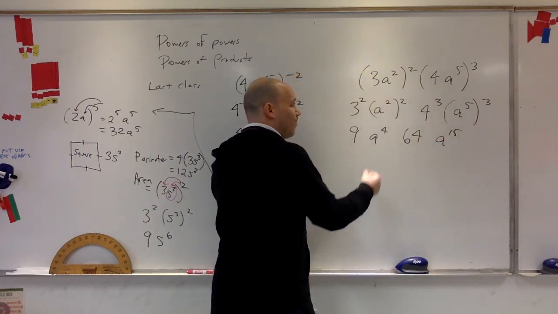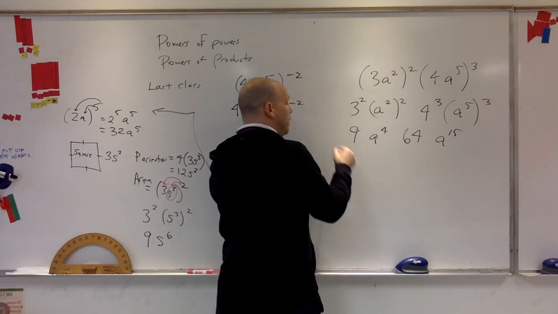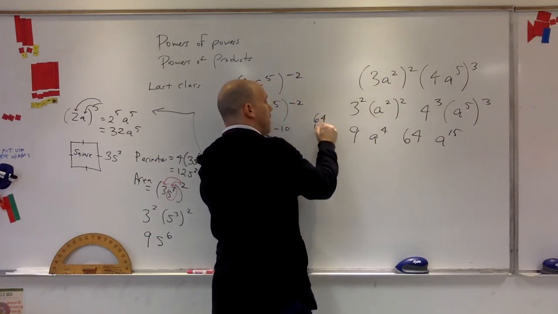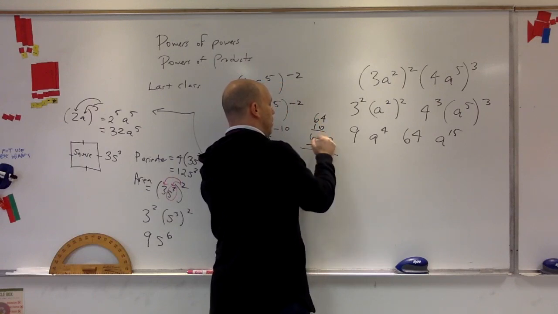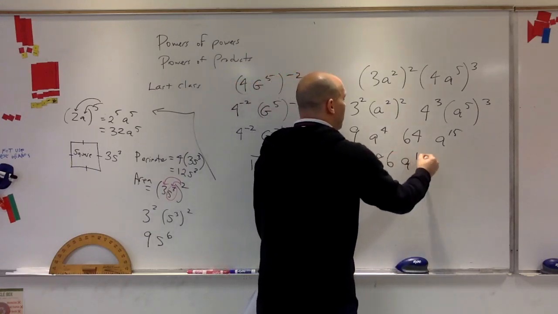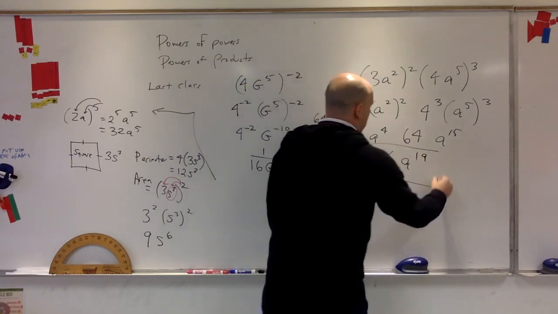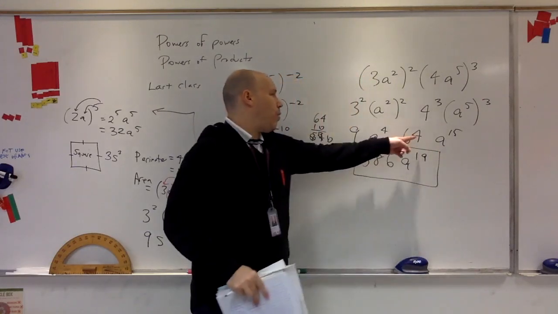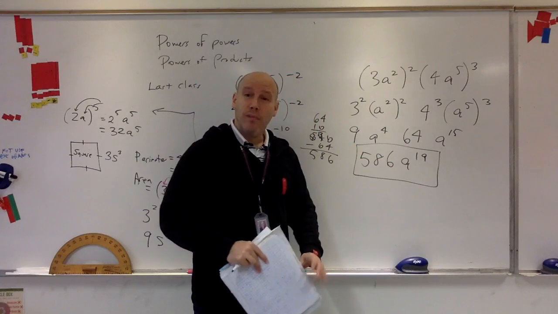Final answer, 64 times, what's 64 times 9? Well, 64 times 10 is 640 minus 64, 576. 576a to the 19th. You can leave this as exponents or you can multiply it. Good luck.